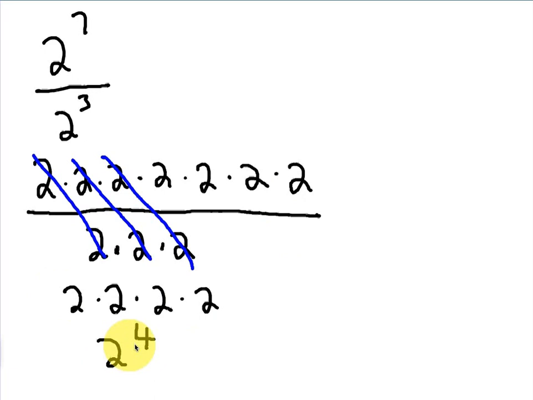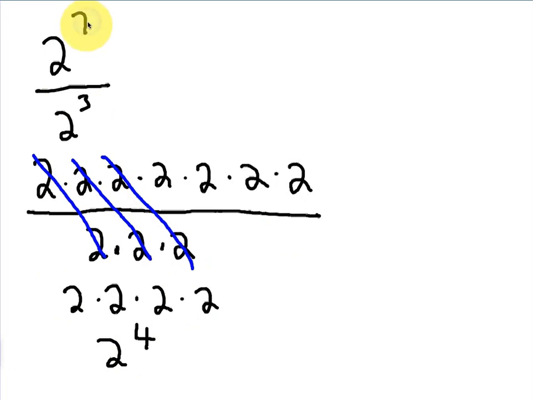Yes, I know it's 16, but what we're trying to get at is, look, we started with 7 on top and 3 on the bottom. In effect, 3 of the 2's on the top and bottom cancel, and so we ended up subtracting those. We took away those 3 2's on the bottom. What are we getting at? When you divide like bases, you take the top exponent and subtract the bottom, because those 2's, or whatever the bases are, are just going to cancel.